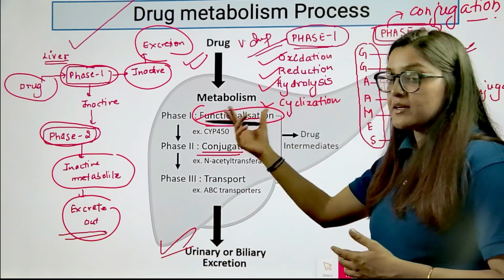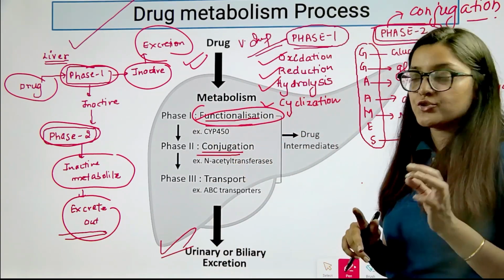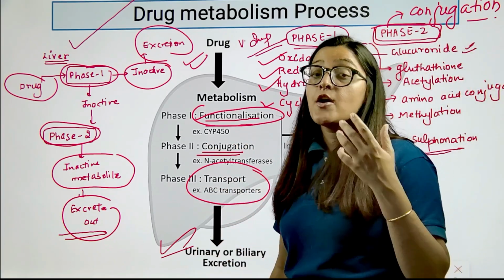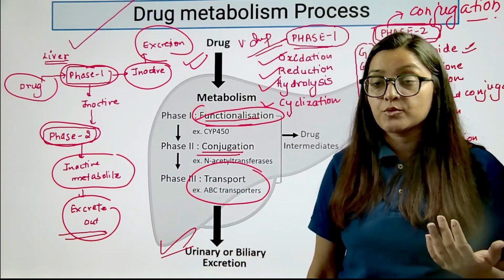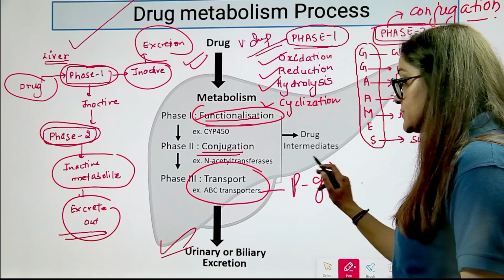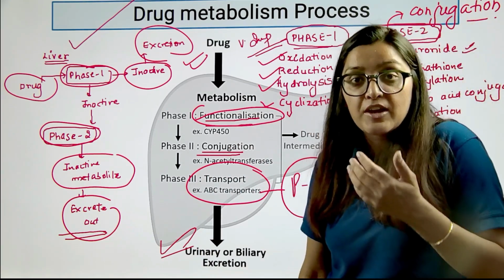So for phase 1, remember we have functionalization reactions. For phase 2, we have conjugation reactions. Why is phase 3 written as transporters? Because in certain cases we have transporters like ABC transporters, whereby the most important example is PGP, that is P glycoprotein. These behave as efflux pumps.